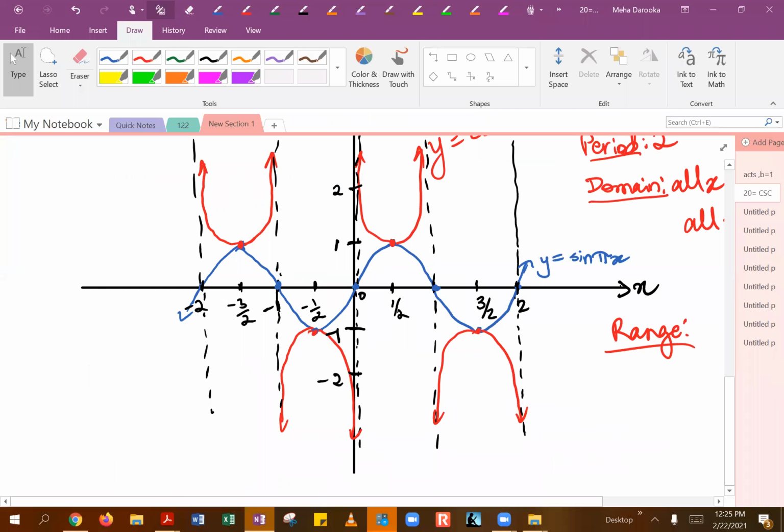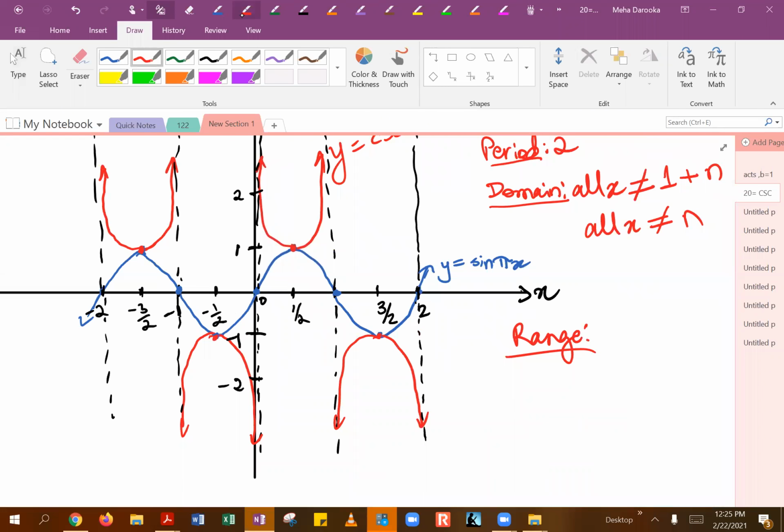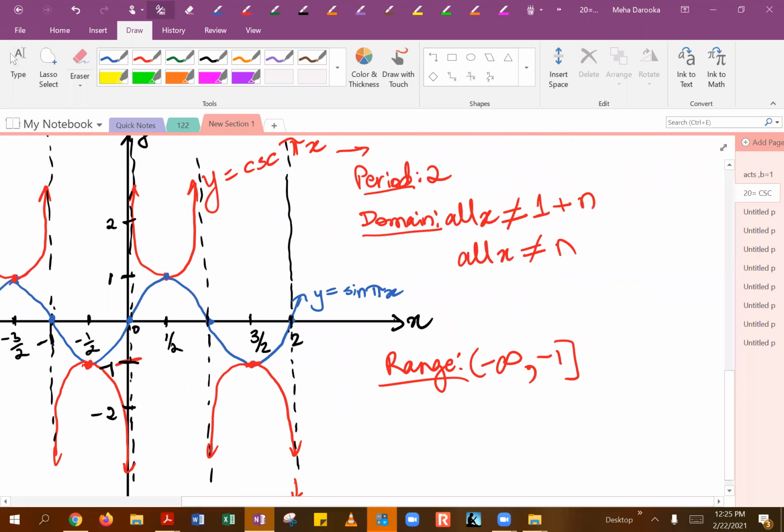So wherever you see that graph in the blue, you cannot include those y values in your range for the cosecant function. So very nice. We are coming from, this is going down to -infinity. So you are coming from -infinity and you are stopping right here at -1, but we include that because, obviously, we do have points at -1 and +1.